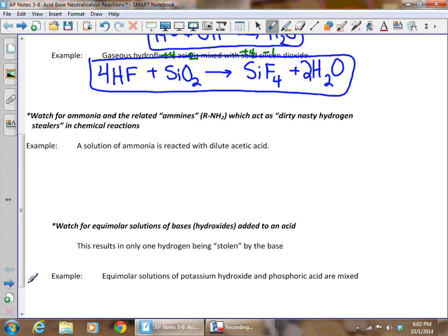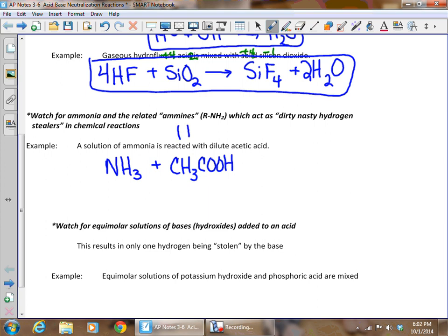Watch out for ammonia and other amines. We've seen amines before. They act as dirty, nasty hydrogen stealers. So we're going to make sure that we use those dirty, nasty hydrogen stealers when they're reacting with acids. So look at ammonia, NH3, reacting with acetic acid. Personally, I prefer the CH3COOH form for acetic acid.